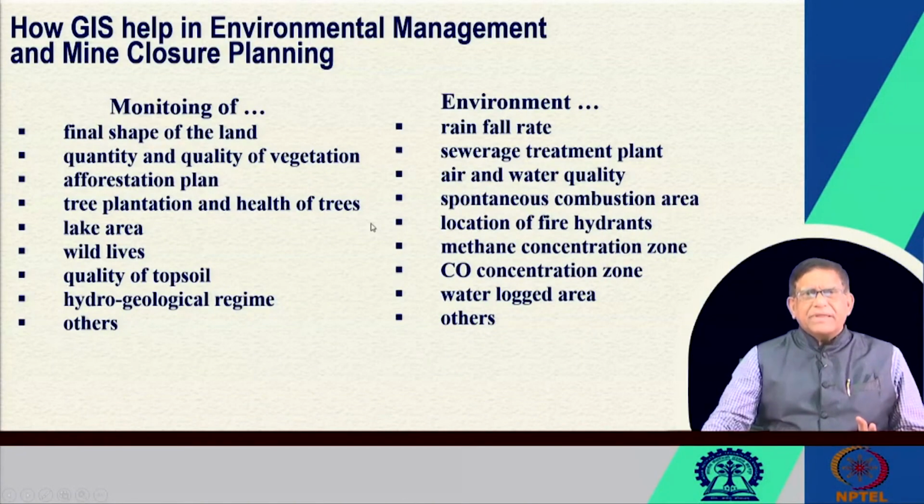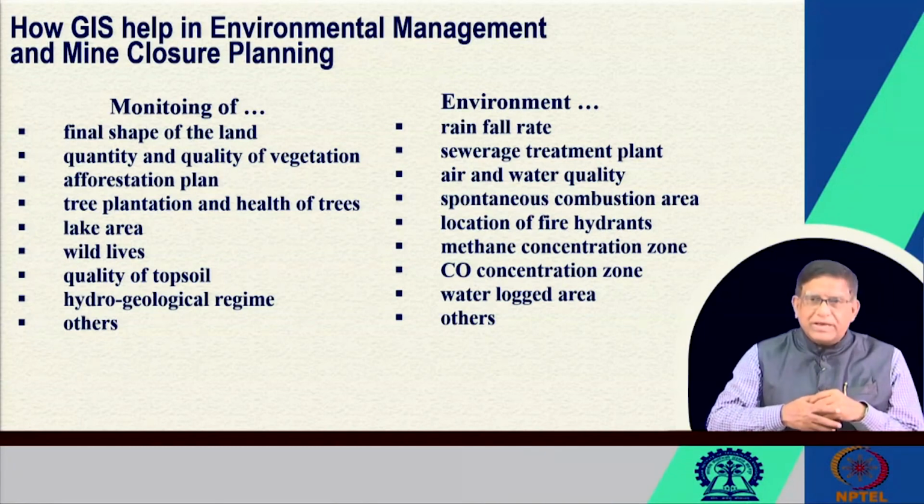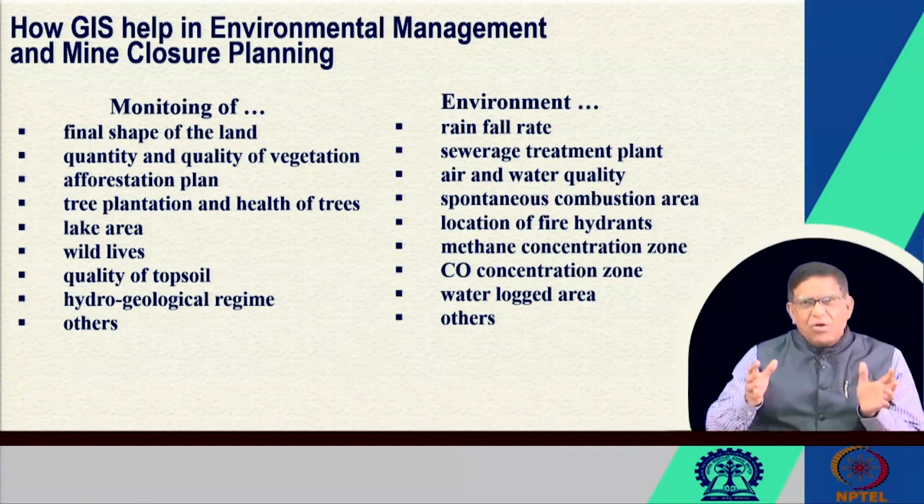So, similarly GIS can help in monitoring the final shape of a land, what it will be, the quantity and quality of vegetation, afforestation plan, tree plantations and health of the trees, lake area, wildlife, all these things.